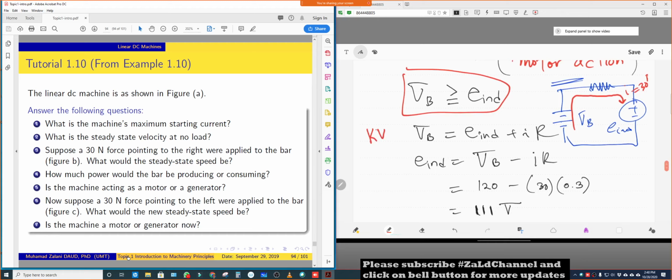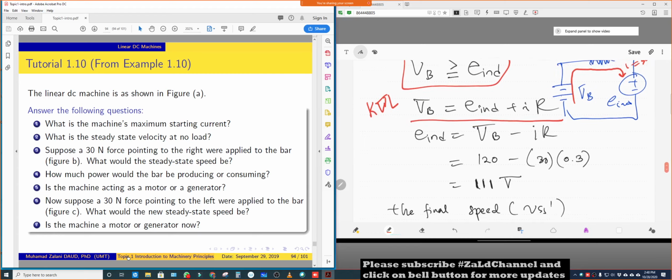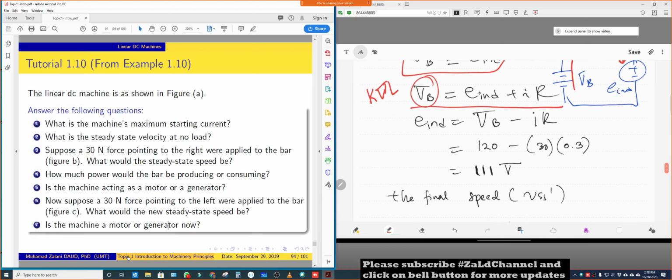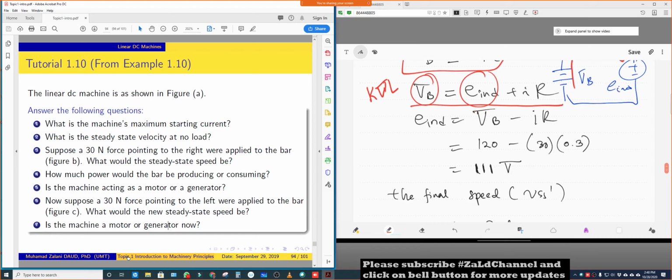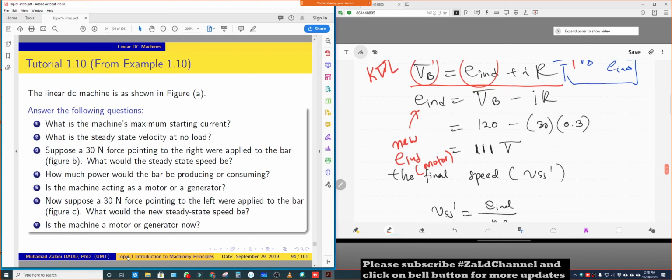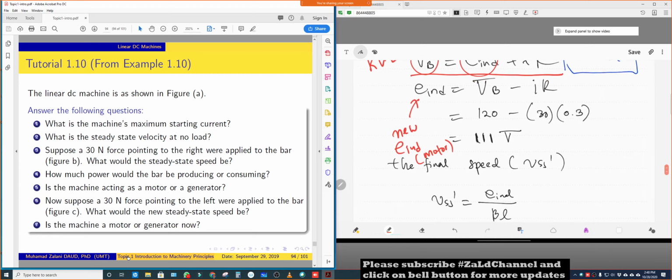Using Kirchhoff's Voltage Law, we can write VB equals E induced plus IR, because VB is larger than the induced voltage. We rearrange this equation to get the new induced voltage, substituting the values of VB, current and resistance.